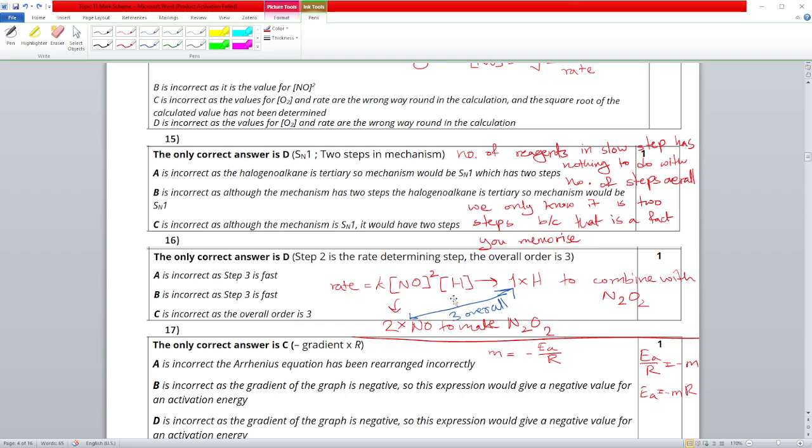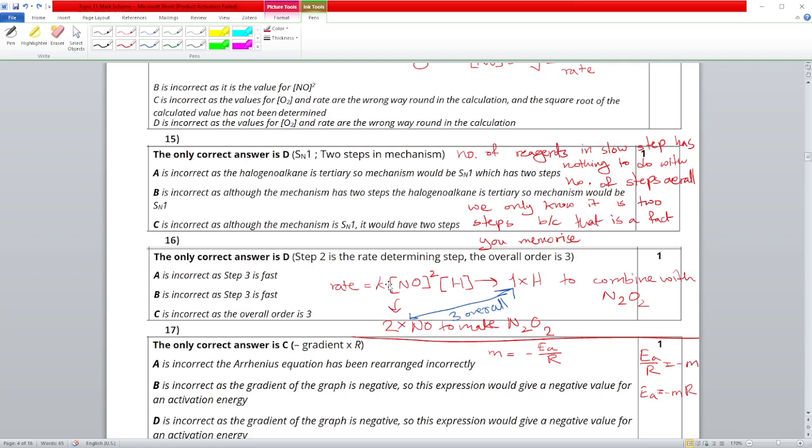Reacting with an H2, and that is our slow step, right? Which means for the slow step to work, you need twice the NO, and then H2 to the power of 1, right? So NO to the power of 2 and H2 to the power of 1 combine together to form 3, and that's why the overall order is 3.